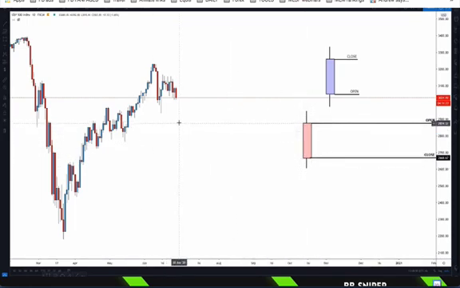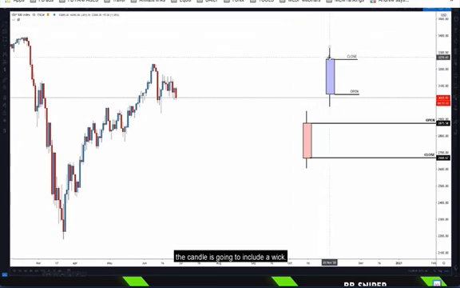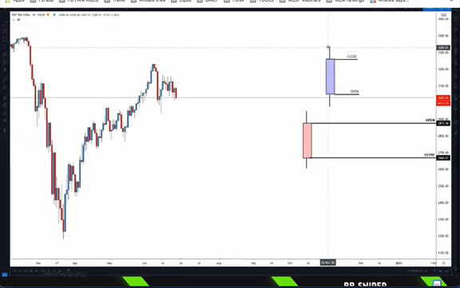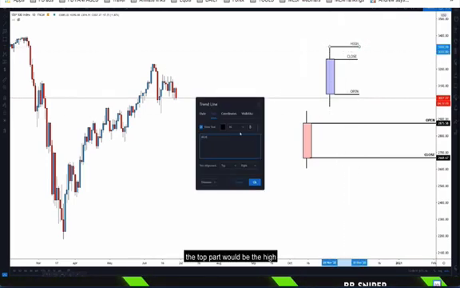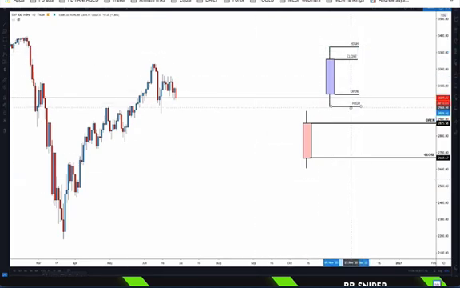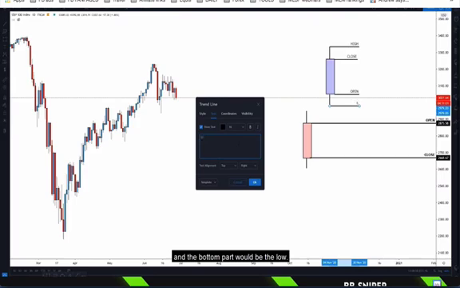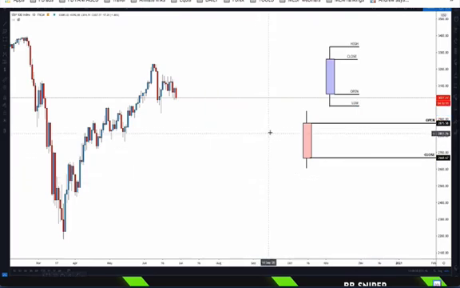More often than not, the candle is going to include a wick. For a bullish candle, the top part would be the high, and the bottom part would be the low.